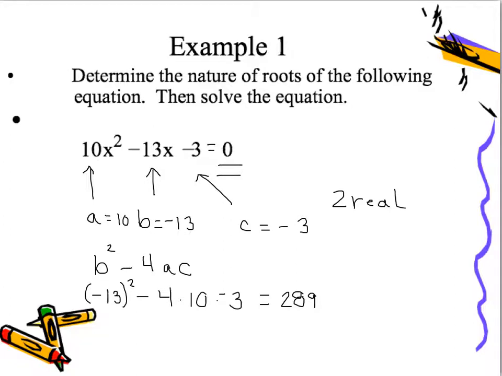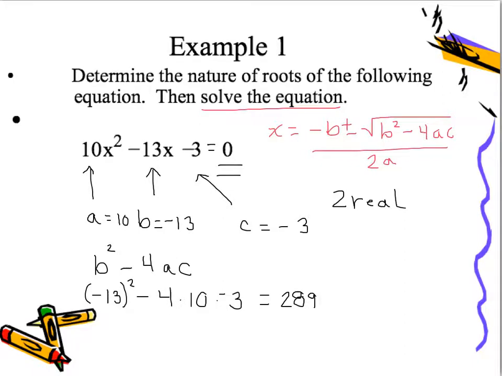But then we're asked to solve the equation, and now that means use the rest of the quadratic formula. So again, our quadratic formula is x equals negative b plus or minus the square root of b squared minus 4ac, all over 2a.